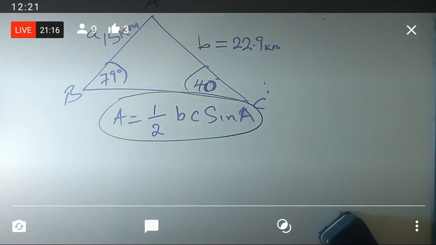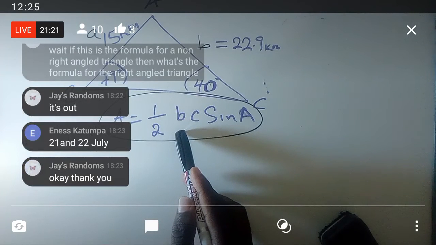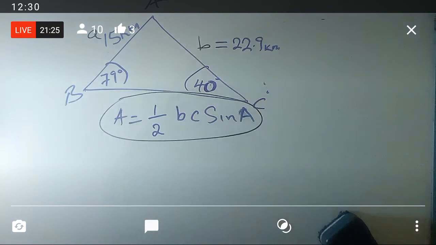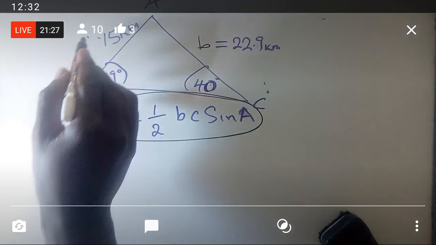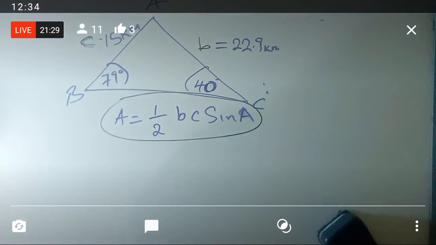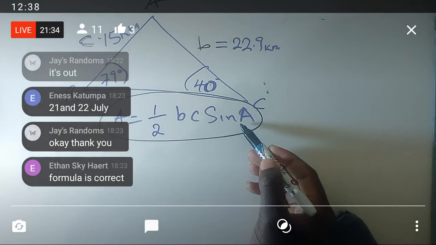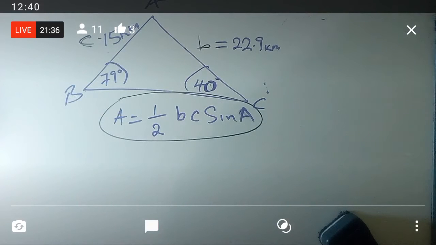So now, let's try to check. Do we have B? Yes, we have. Do we have C? Yes, we have. So in this case, we just say this side is our C. Do we have capital A? Can somebody tell me what is capital A?